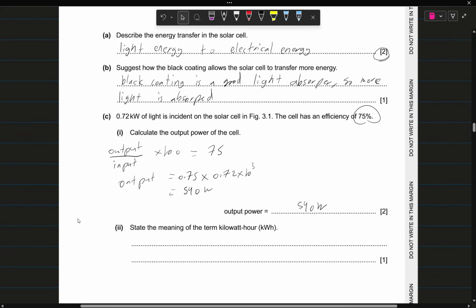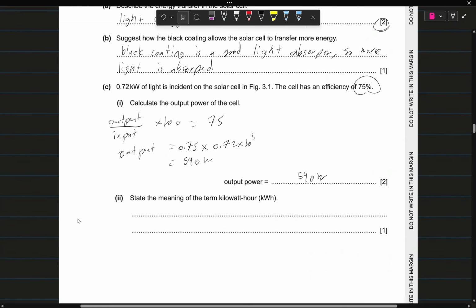Now state the meaning of the term kilowatt hour. So basically the definition of kilowatt hour. That's what the question is saying.